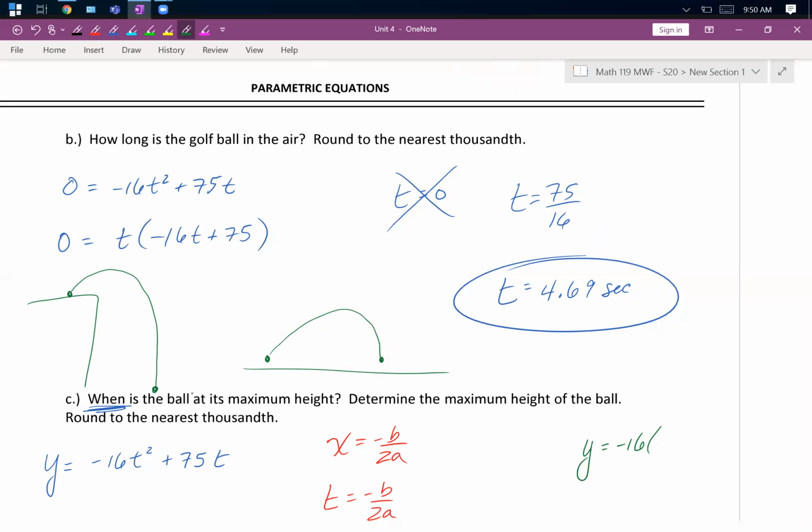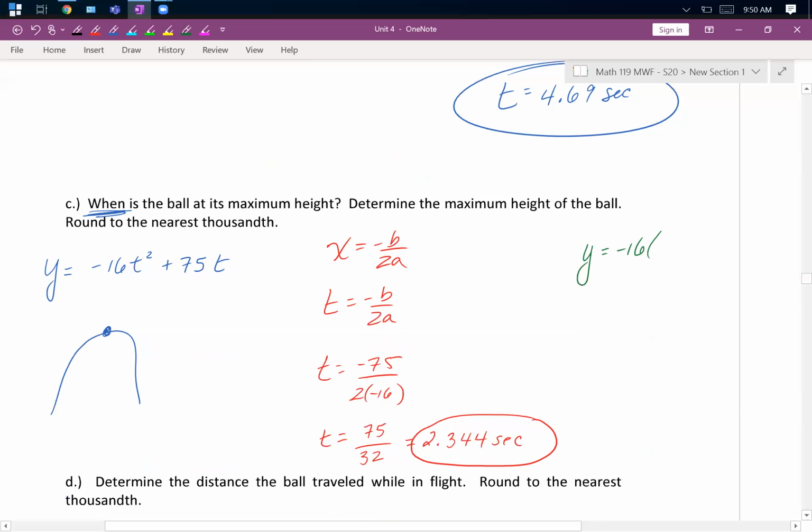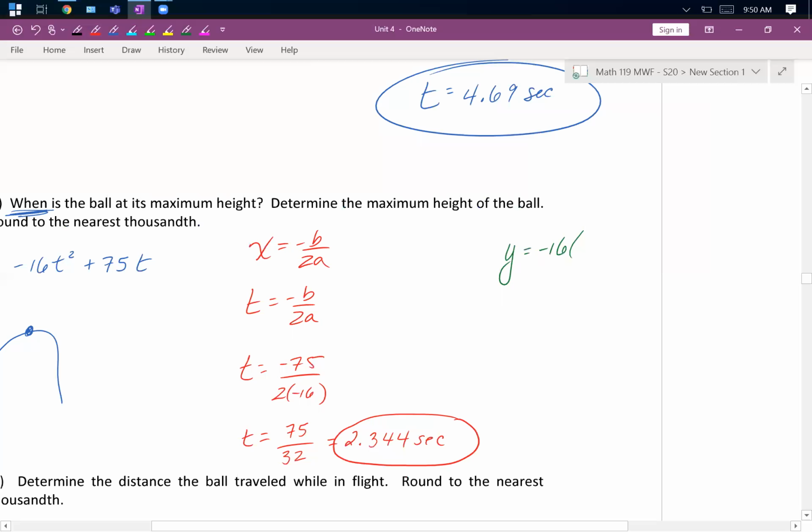The only time that you can just cut the total time in half for the max time is if it's starting and stopping at the same height. Everybody good on that? So for the max height, we're plugging in, and like I said, I'm going to plug in the 75 over 32 rather than a rounded answer.